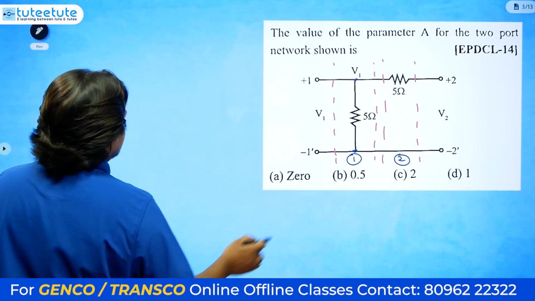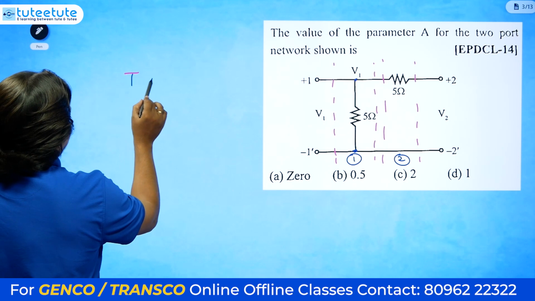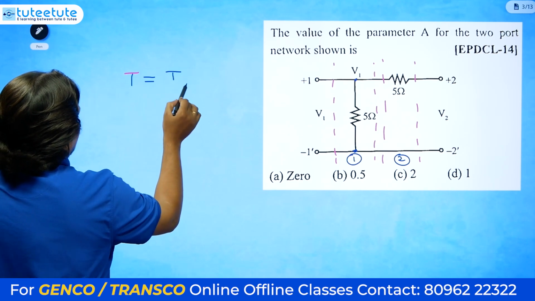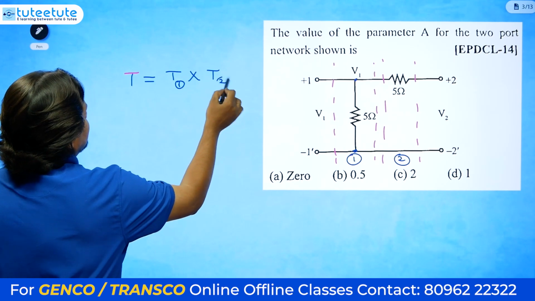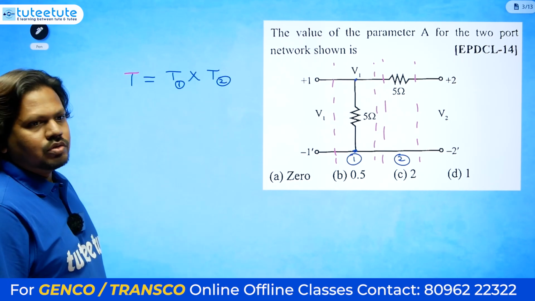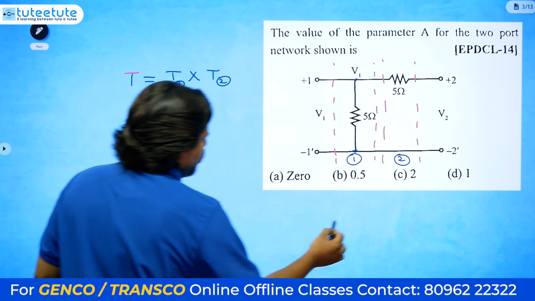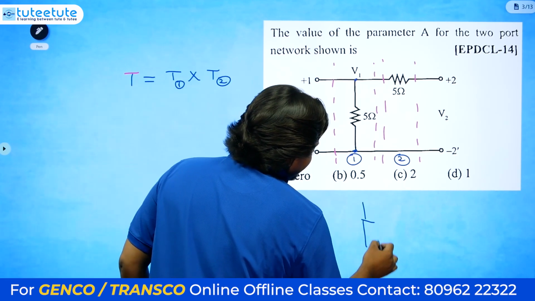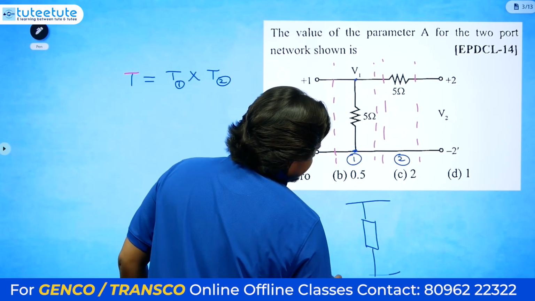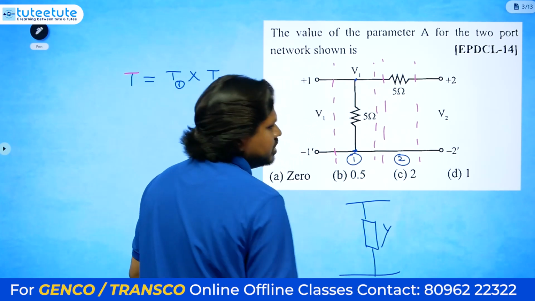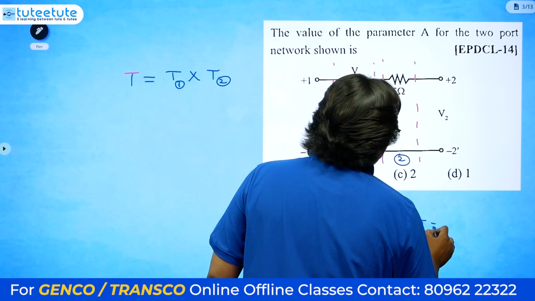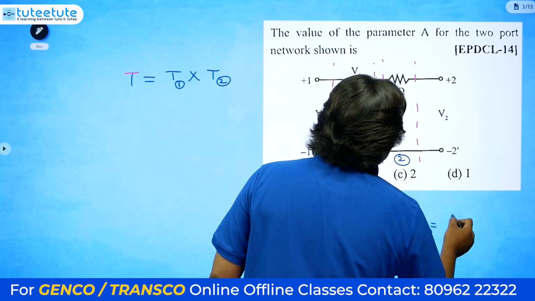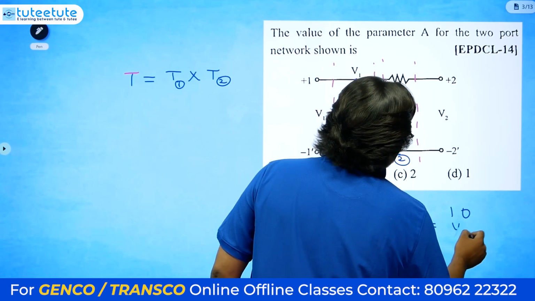Whenever two cascade connections are there, we have to matrix multiply the individual transmission line parameters. So remember, matrix multiplication we need to do. Whenever only one admittance is there in parallel, with admittance value Y, the ABCD parameters, or T parameters, of this network are 1 0, Y 1.